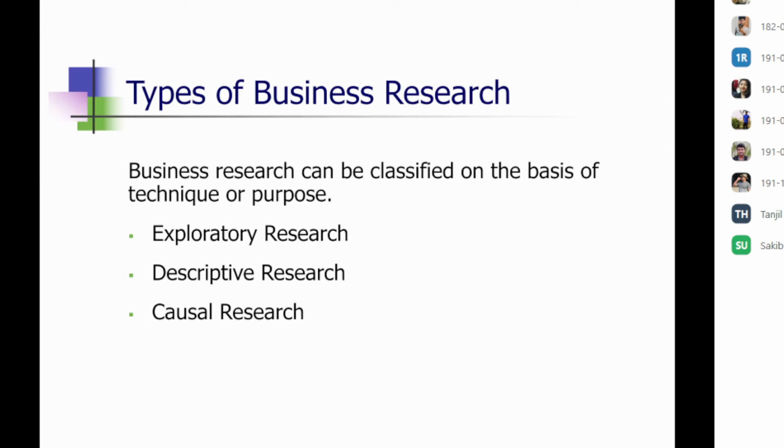Irrespective of the issue, when you are planning business, you will have three options to identify the business opportunity and to solve the business problem: exploratory research, descriptive research, and causal research.